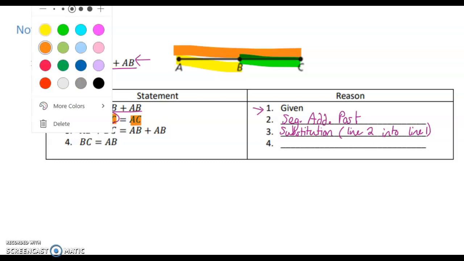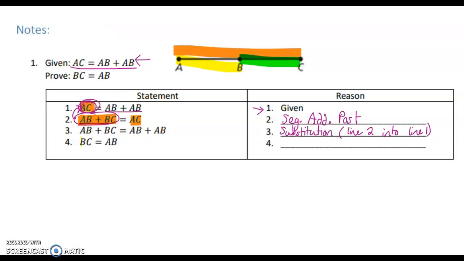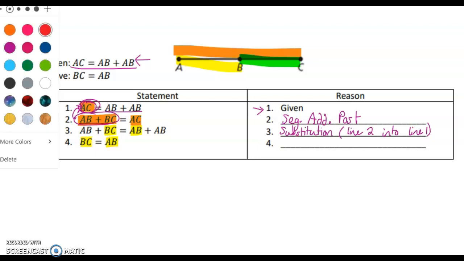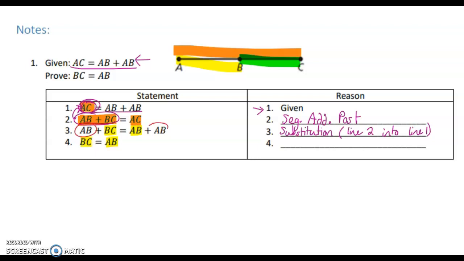I'm going to use my highlighter again. On line 4, they have BC, and that's where BC was on line 3. On line 4, they have AB, and there was an AB on line 3. So what did they remove? They removed this AB and this AB.